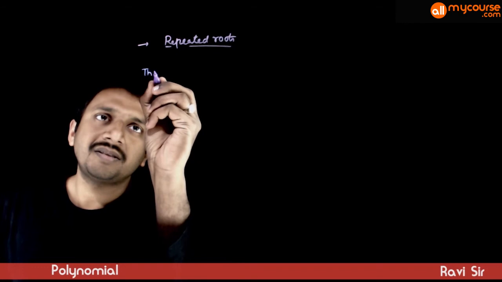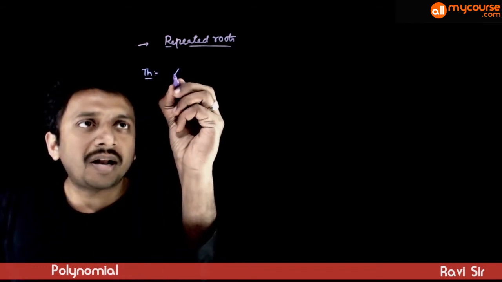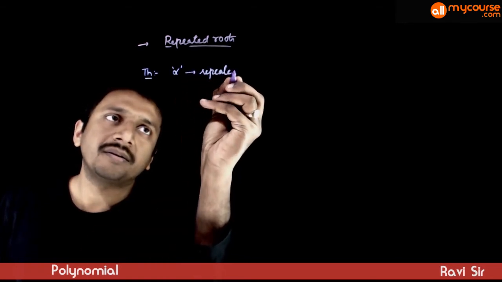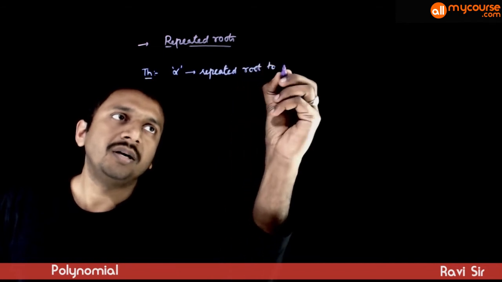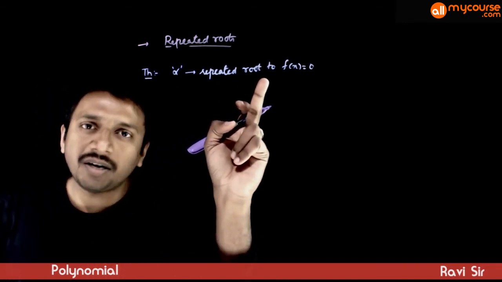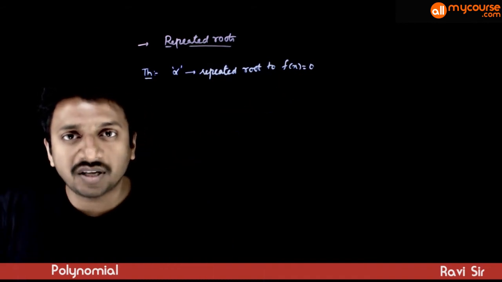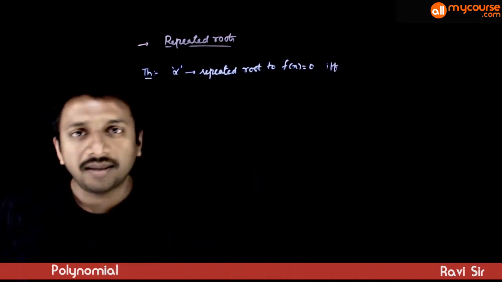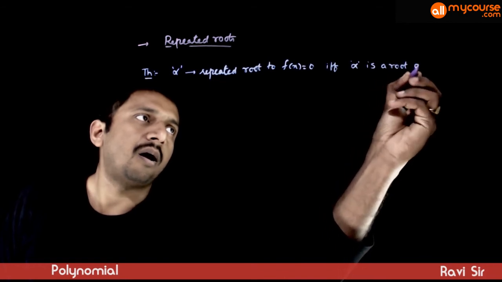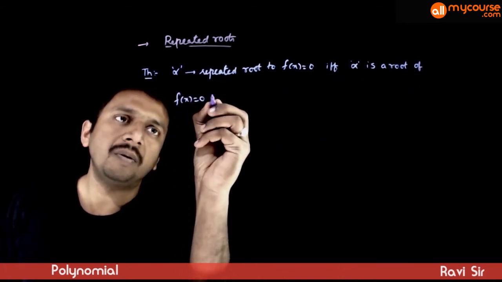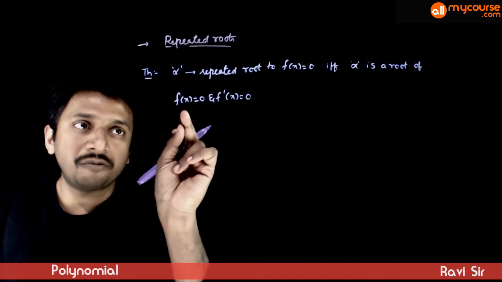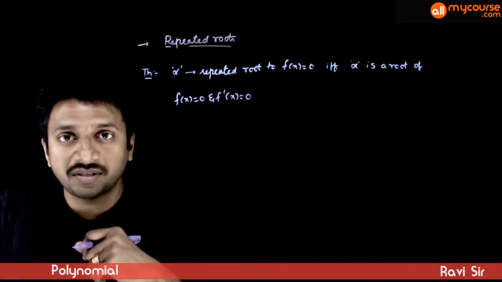The theorem states that a complex number alpha is a repeated root to a polynomial equation f of x is equal to 0 if and only if alpha is a root of both f of x is equal to 0 and f dash of x is equal to 0.